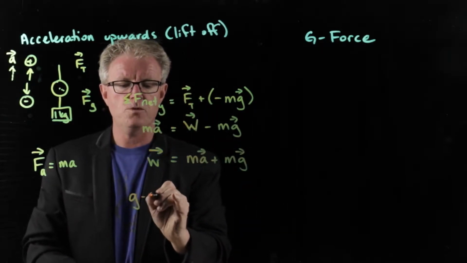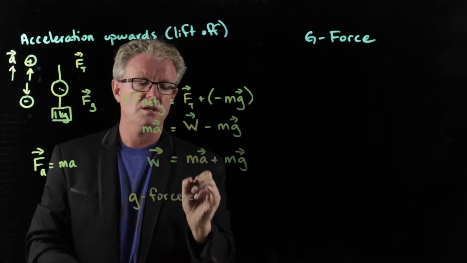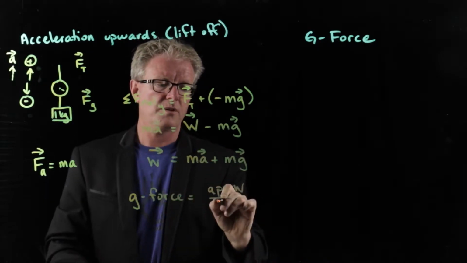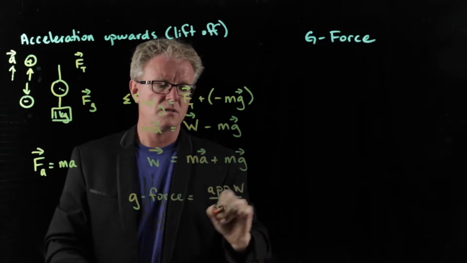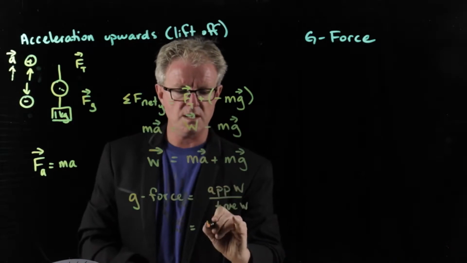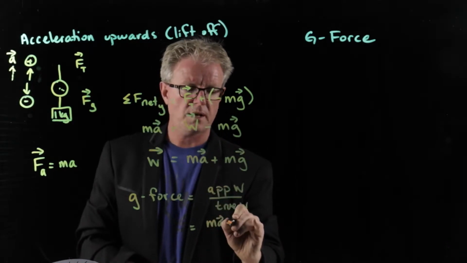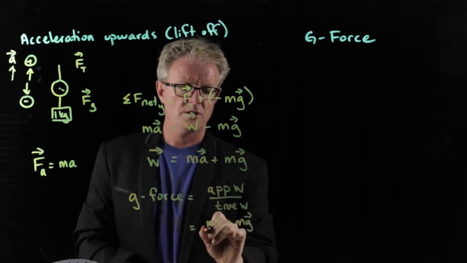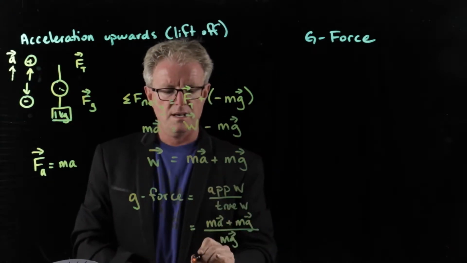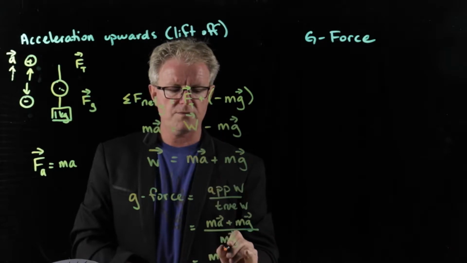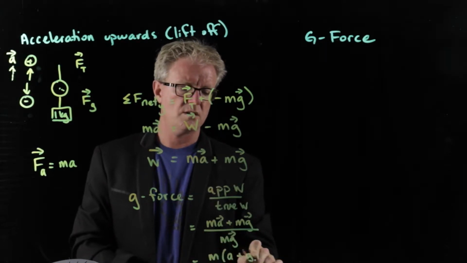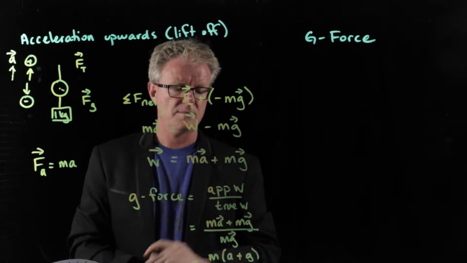So therefore g force, if you wanted to calculate that out, would be the apparent weight divided by the true weight. The apparent weight was ma plus mg, divided by the true weight, which is mg. If we take m out as a factor, it would be m(a plus g) over mg.